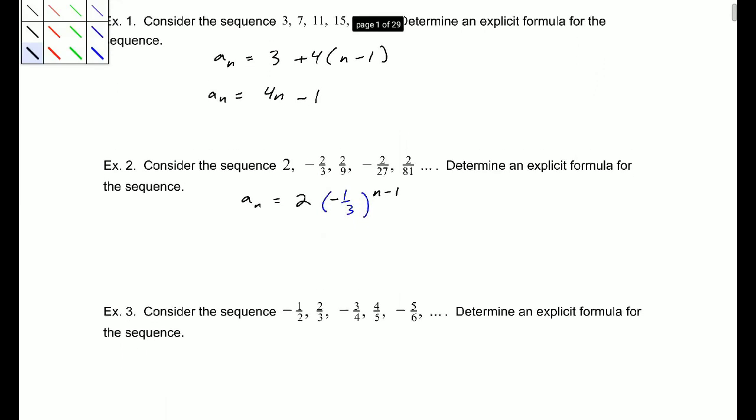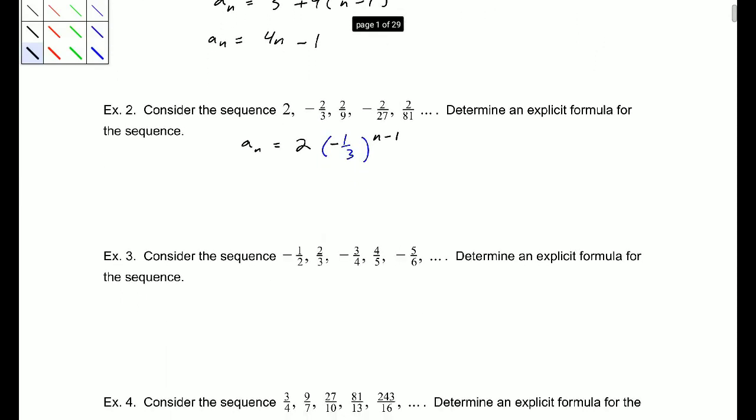All right, next. Negative 1/2, 2/3, negative 3/4, 4/5, negative 5/6. It appears that our numerator is always the n value. So this is a1, a2, a3, a4, a sub 5. The numerator is always that n value, so let's say that's n. And the denominator is always 1 more than that, so n plus 1.